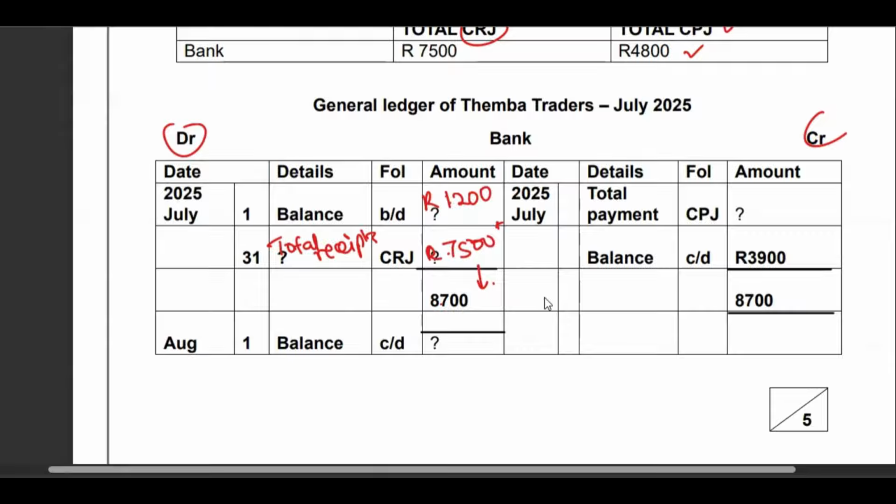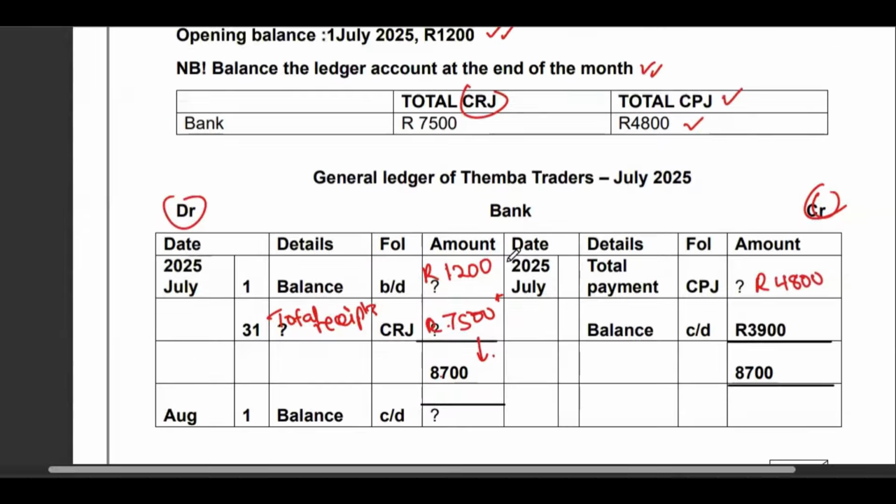Then let's get to the side of the credit. So the total payments was just 4.8. Okay. Total is 4.8. Not received, but basically the payments that we made is 4.8. And then the balance is 3.9, and then total is 8.7.